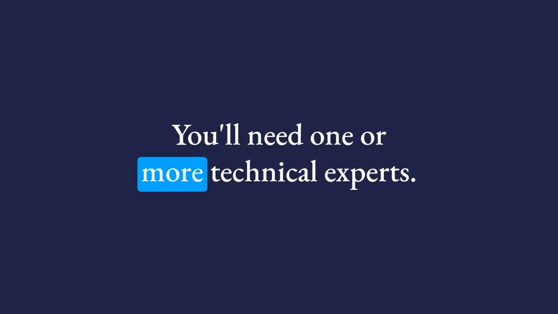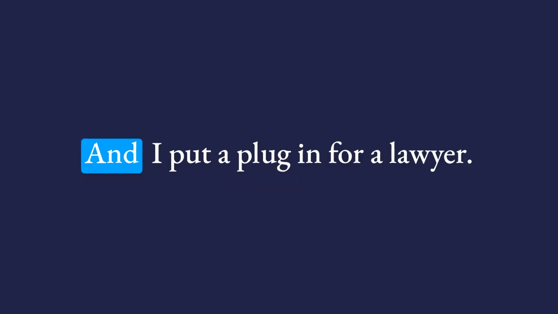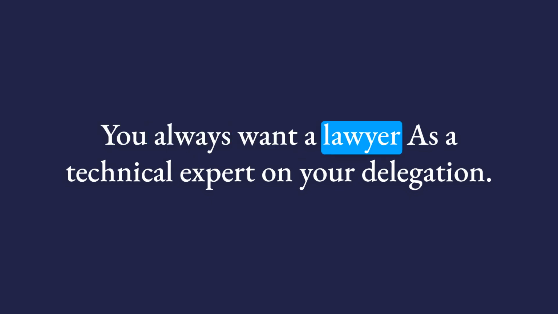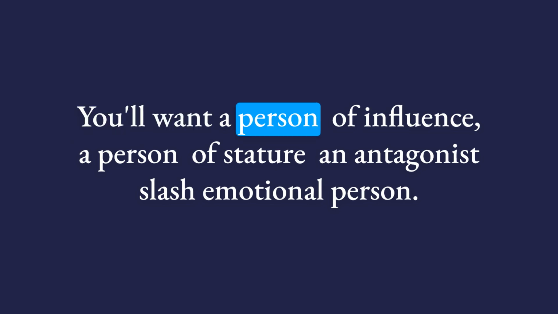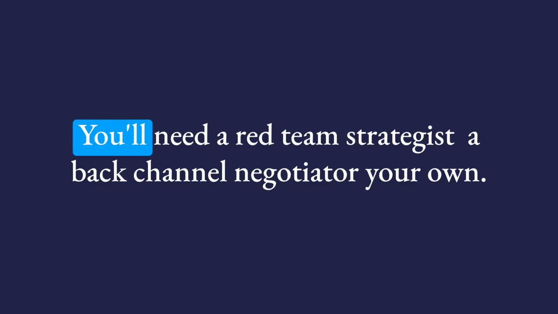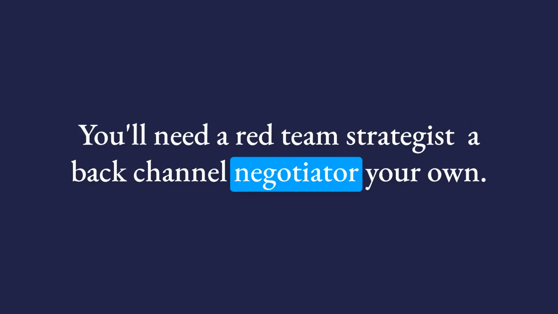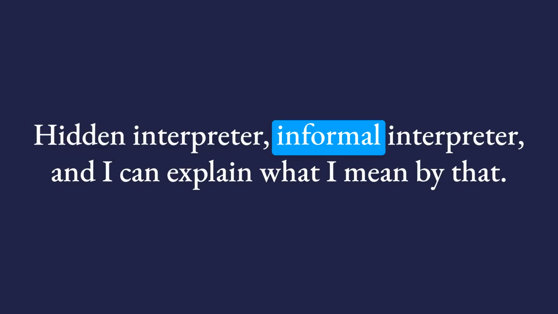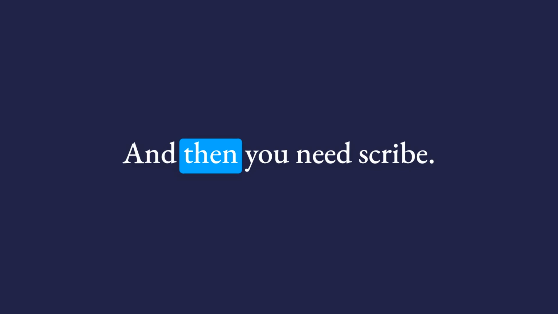You'll need 1 or more technical experts, and I put a plug in for lawyer. You always want a lawyer as a technical expert on your delegation. You'll want a person of influence, a person of stature, an antagonist/emotional person. You'll need a red team strategist, a back channel negotiator, your own hidden interpreter, informal interpreter. And I can explain what I mean by that. And then you need a scribe.